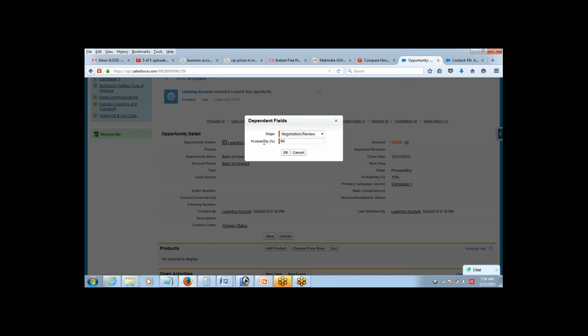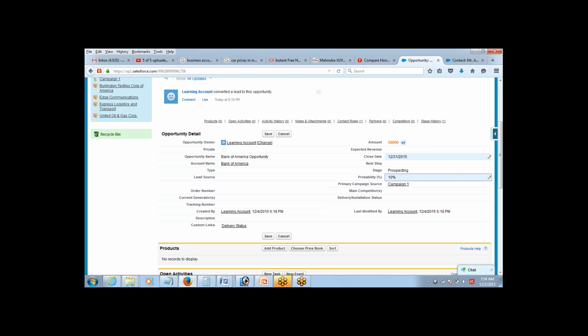Okay. So the probability percent is also for us to set up, for which stage, what is the probability percentage that we feel like. What will this probability percentage do? It will help you forecast your revenues. Correct. So it will help you in forecasting your revenues. That's what probability percentage is going to do.